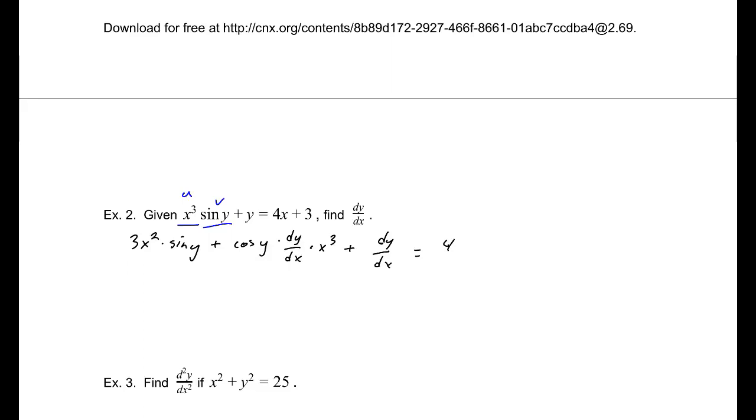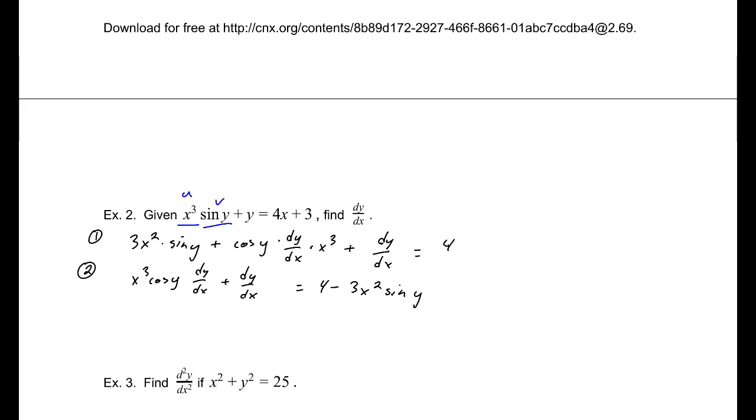Next, we want to differentiate both sides. Step 2, get dy/dx terms on one side. All right, so I'm going to subtract this over. That'll be 4 minus 3x squared sine y. And we have x cubed cosine y dy/dx plus dy/dx. So did we take care of everything? We moved that term, left that term, moved that one. Okay, there we are.